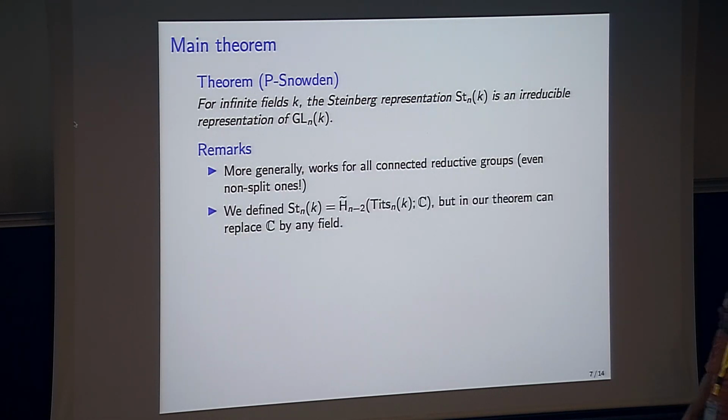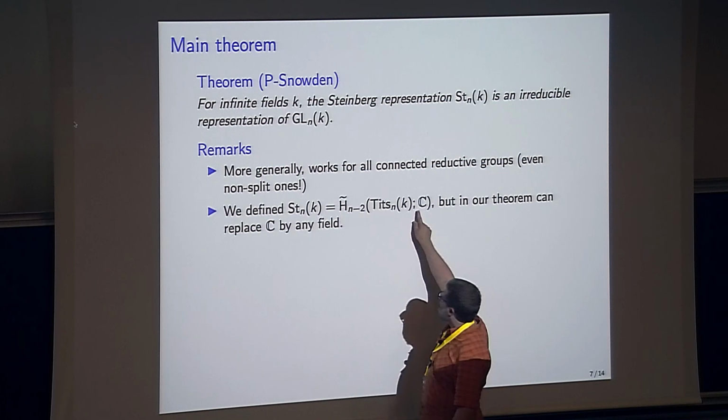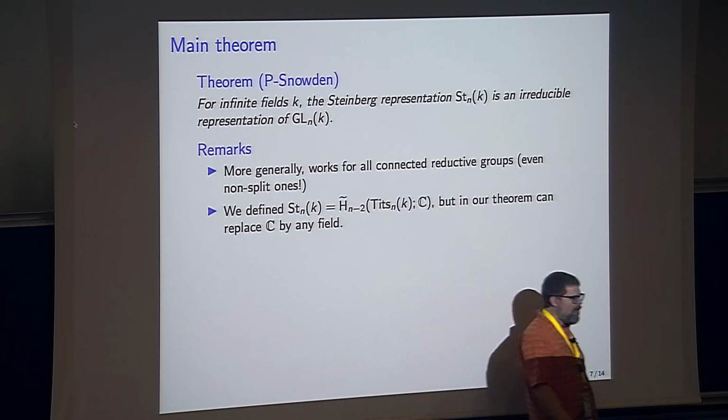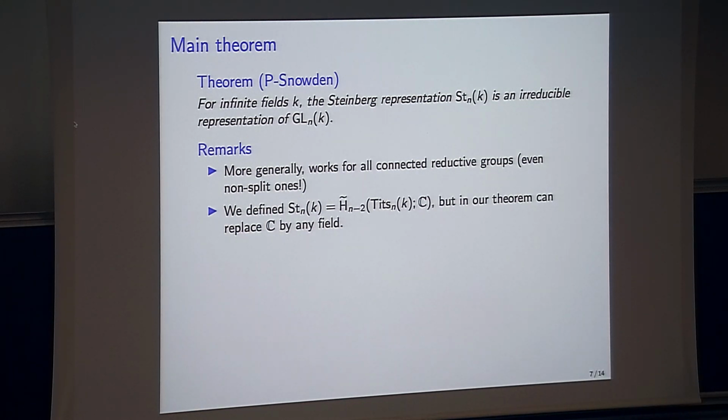The other thing is that I defined the Steinberg module to be a homology with complex coefficients. So these were complex vector spaces. But in fact, our theorem has no hypotheses there either. You can replace the complex numbers with any other field at all, whatsoever.